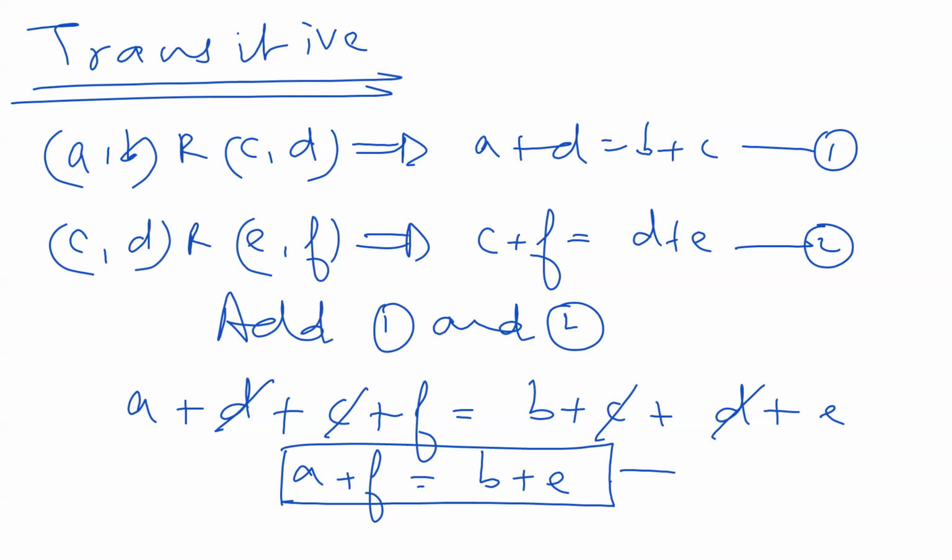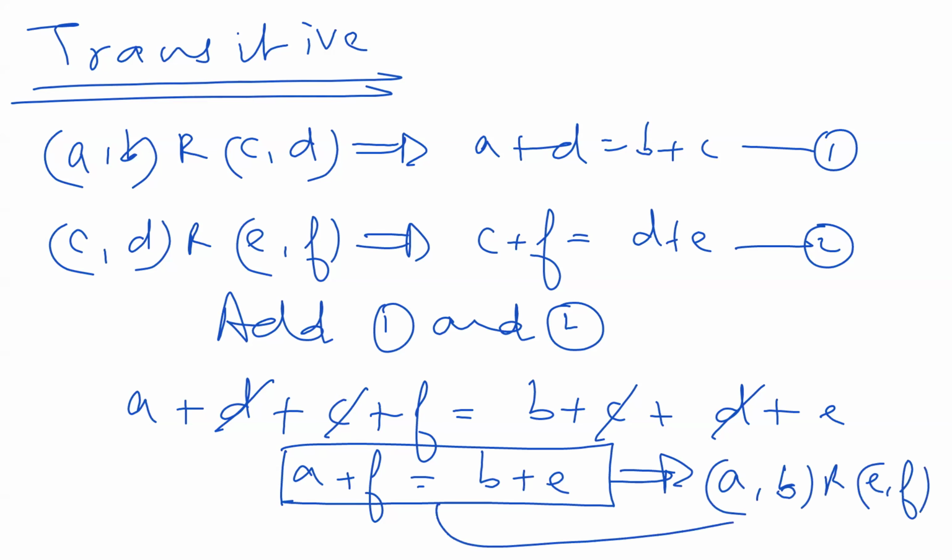Does this imply A comma B relates to E comma F? The meaning of this is, yes or no? Sum of the extremes is equal to sum of the means. So this box, does it imply this?